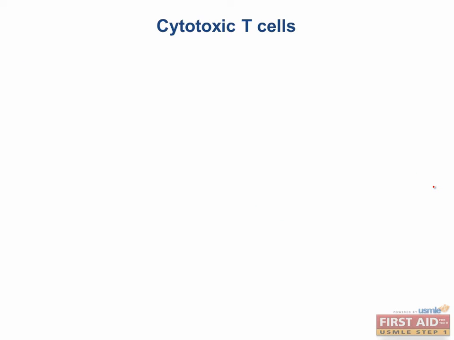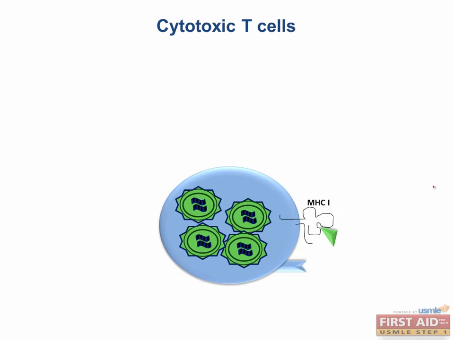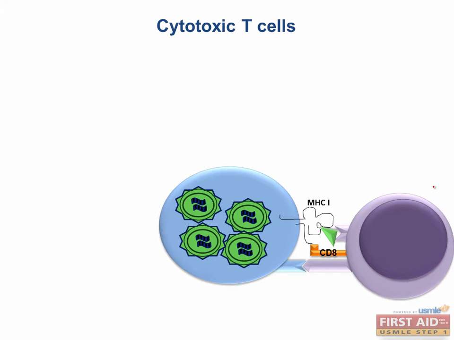Okay, so now that we just dealt with the helper T cells, the CD4 cells, now it's time to talk about the CD8 cells. The cells that eat other cells. They're cytotoxic, remember? Here we have, remember, 8 times 1 equals 8, so they complex with MHC1 receptors. And these are typically cells that have fragments of viruses or tumors presented on their surface. So, CD8 cells complex, and now we're going to see what are these receptors here?